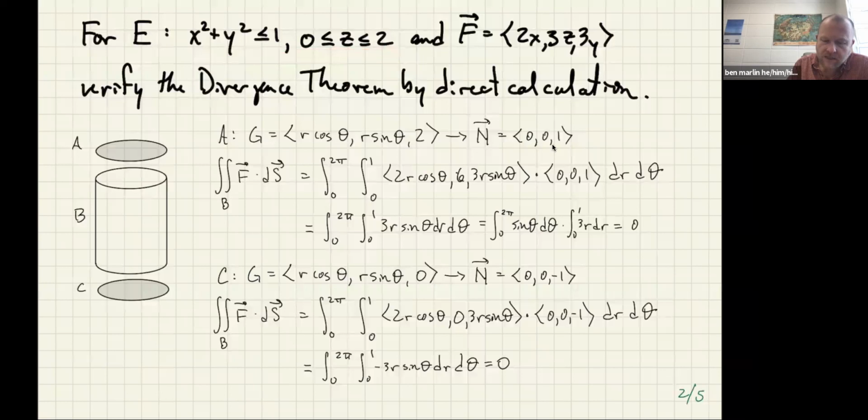It's going to be a cylinder with top and bottom being z equals 0 and z equals 2. So if we think about this here, the surface is going to have a bottom and a top, and then these sides here. And when we talk about verifying the divergence theorem by direct calculation, that is asking you to go through and do both of the calculations and make sure that you get the same thing.